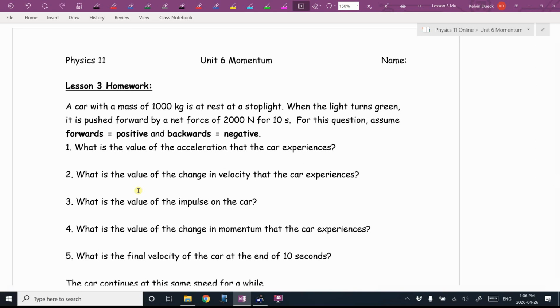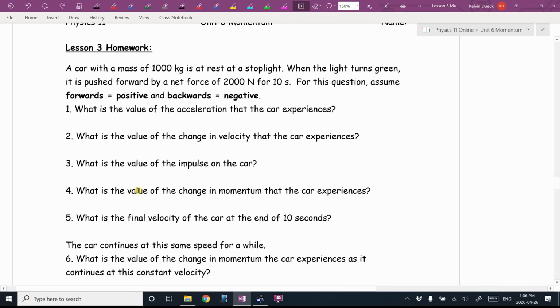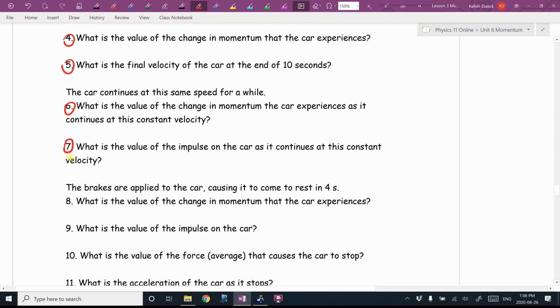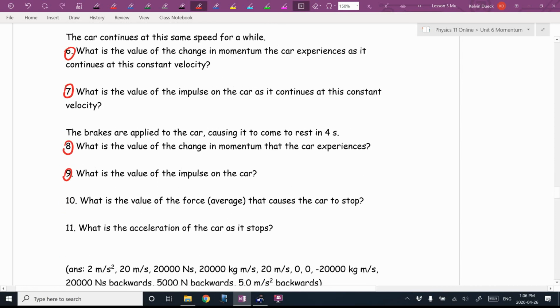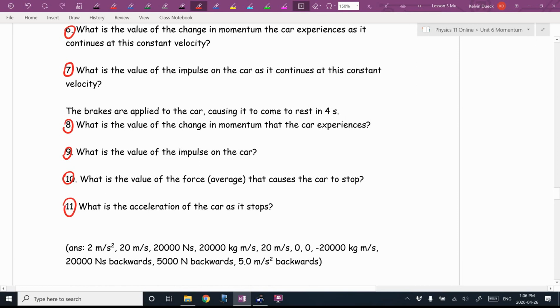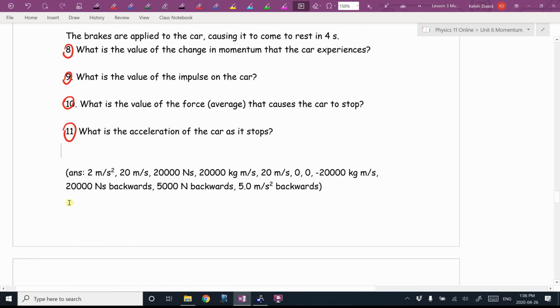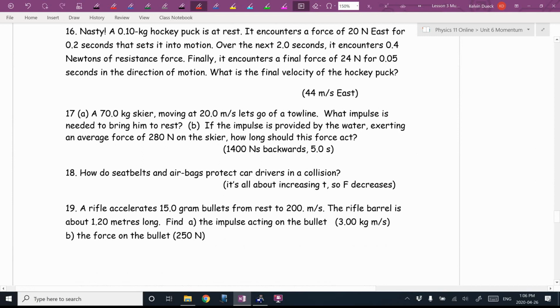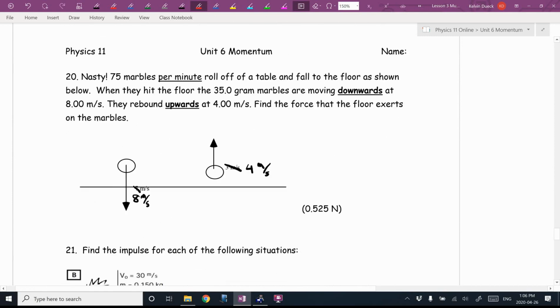So for now, bare minimum, I think you can try 1, 2, 3, 4, 5, 6, 7, 8, 9, 10, 11. That's a lot. Well, it's all really one question, just continuing. Okay? 12 is good, 13 is good. Well, let's see.